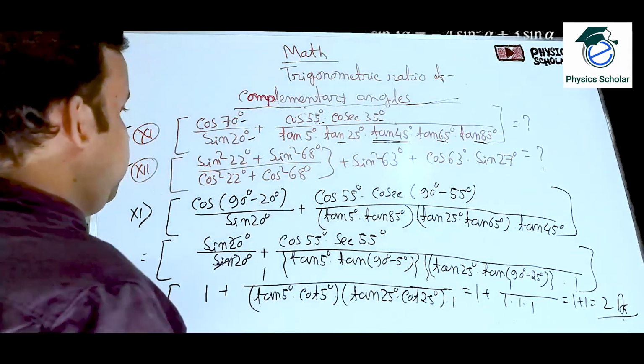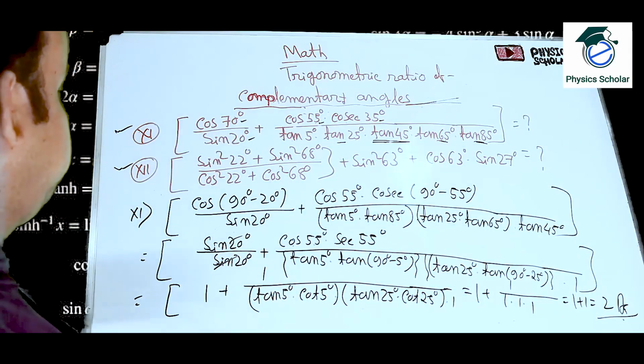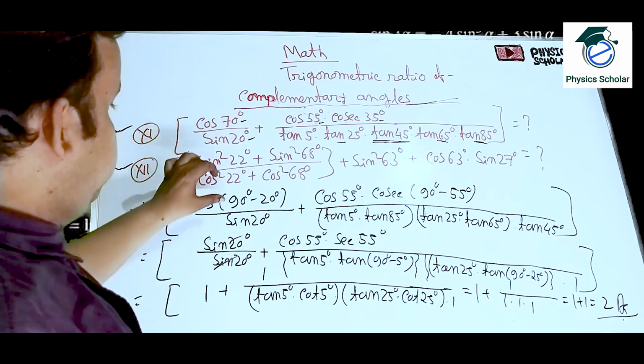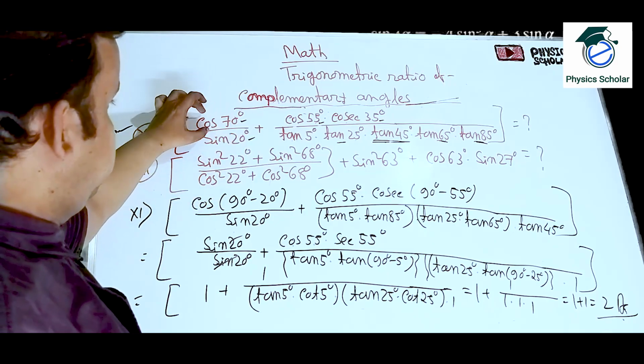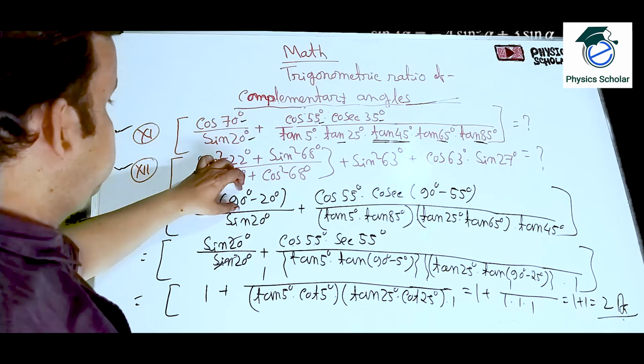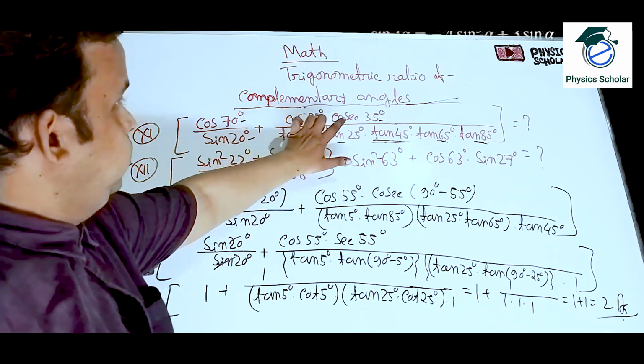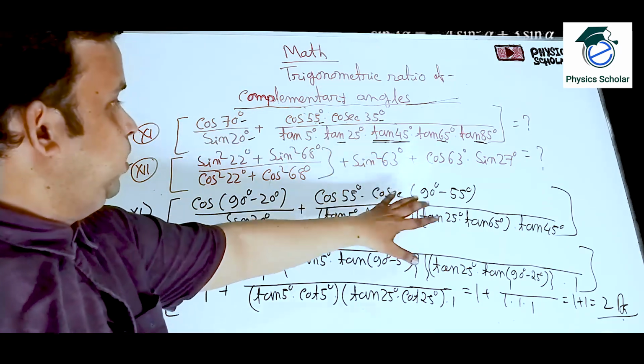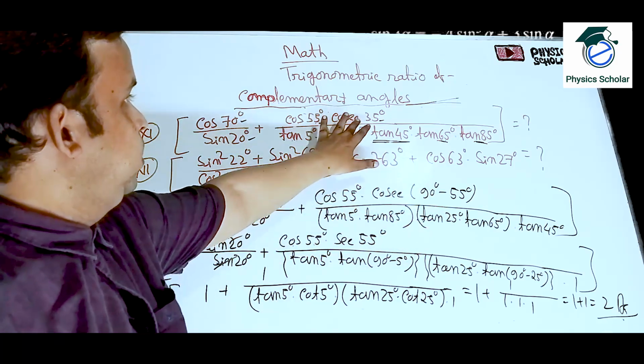So I am explaining this sum once again. These two are complementary, so I am changing the numerator one. Cos 70 means cos (90 minus 20), and here these two are complementary, so I am changing the second one: cosec (90 minus 55) means 35.